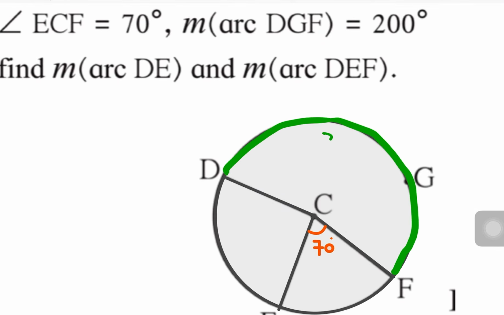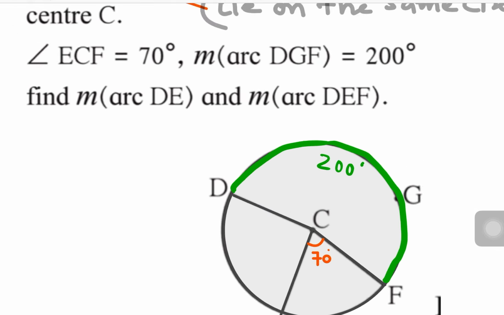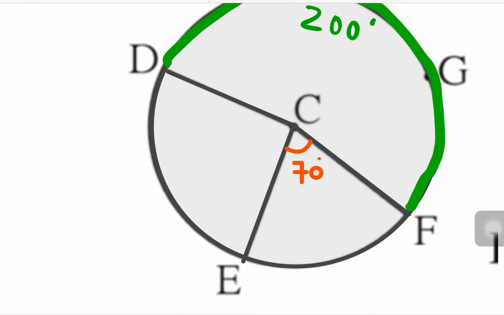The green arc is given as 200 degrees. Now ये ऑरेंज वाला एंगल 70 है ना, तो ऑरेंज वाला आर्क भी 70 डिग्रीज होगा. डेफिनेशन ऑफ माइनर आर्क, राइट?